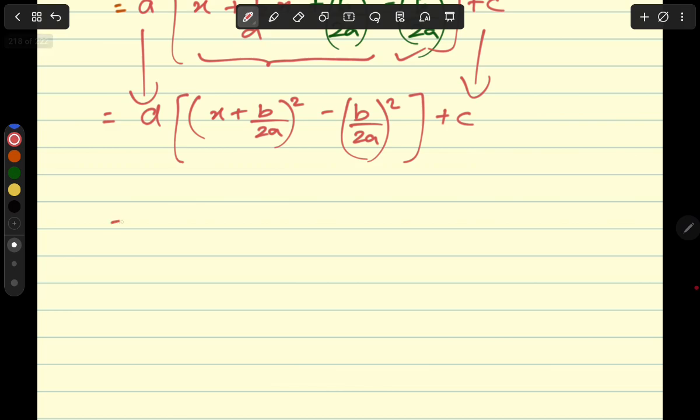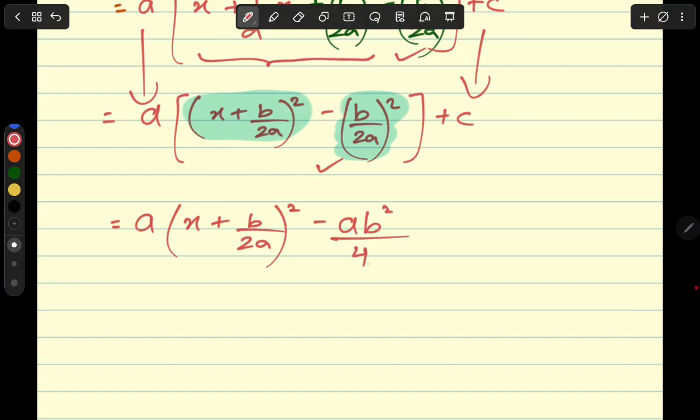So now I can multiply this a, the a outside of the square bracket, with this function and with this function both, right? So this becomes a times x plus b upon 2a whole square minus a times, now if I square this, this becomes b square upon 4a square, right?